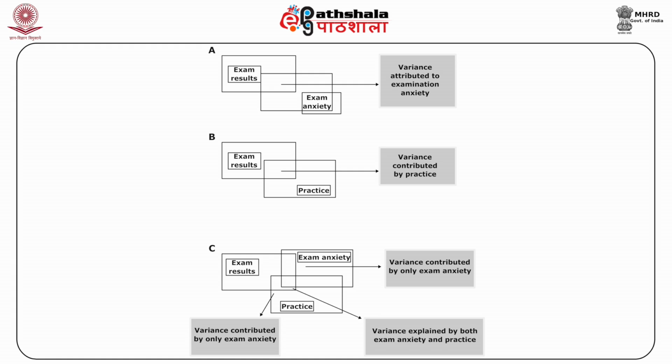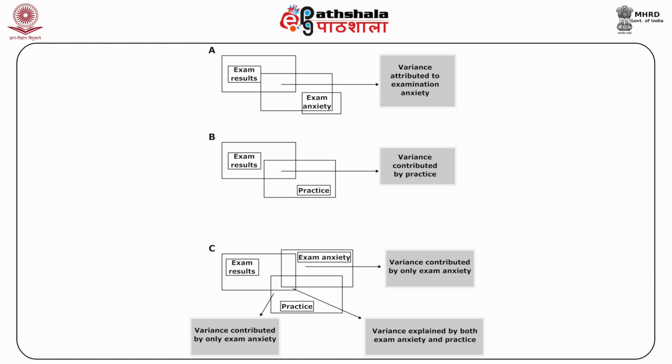We find that examination results and the practice of the syllabus have a common overlapping area which has been marked to show the variance attributed to examination anxiety. Figure B shows the examination results and also the practice effect, the variance contributed by practice.